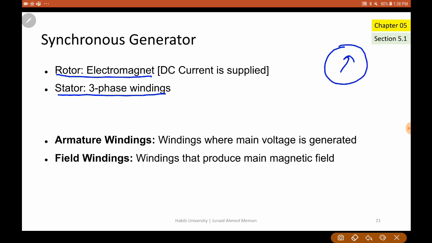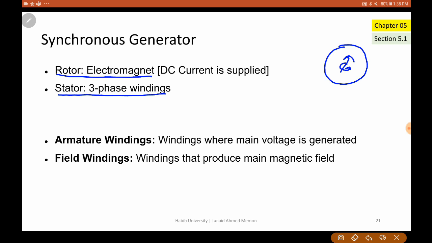So we want to have a rotating magnetic field vector which rotates. In the beginning we said we can generate it with a permanent magnet, rotating the permanent magnet inside the stator. That will generate the rotating magnetic field and it will induce the three-phase voltage in the stator.